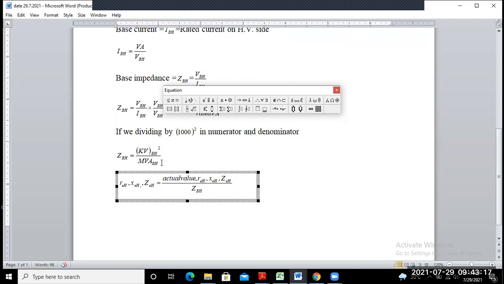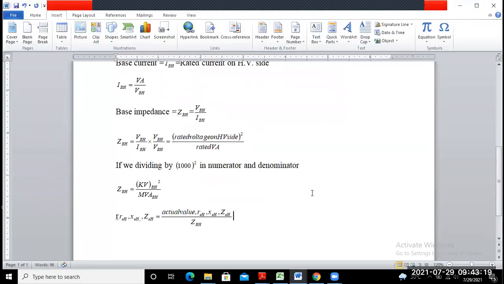So this is the per unit resistance, reactance, and impedance on the high voltage side.